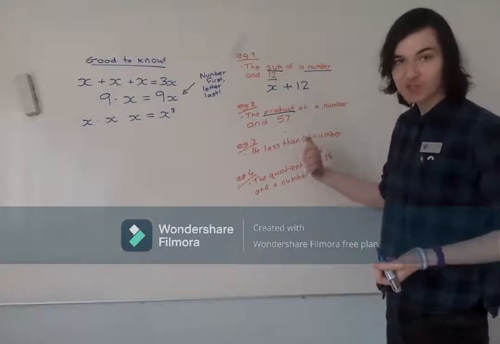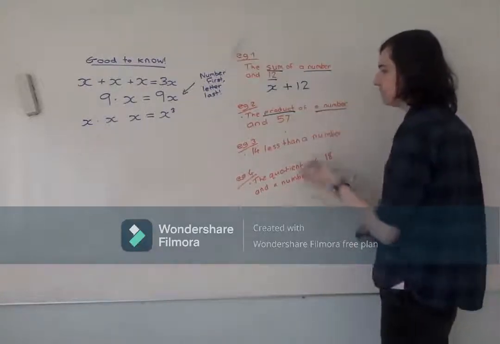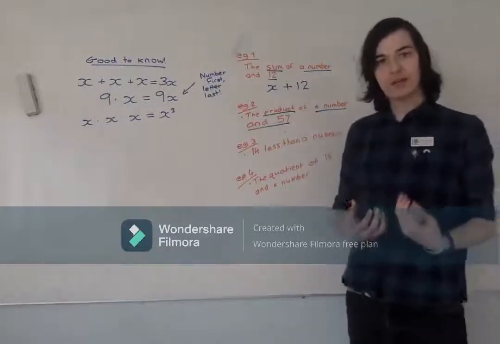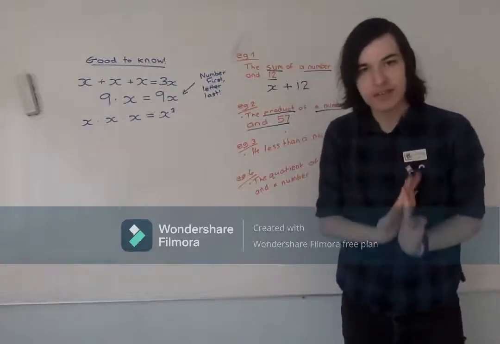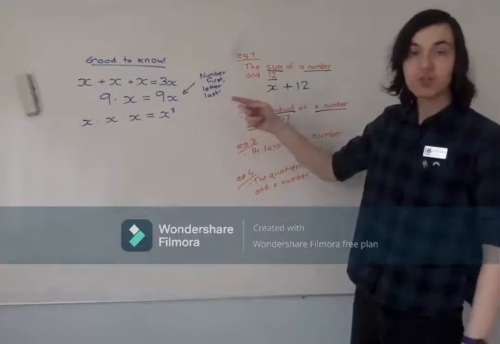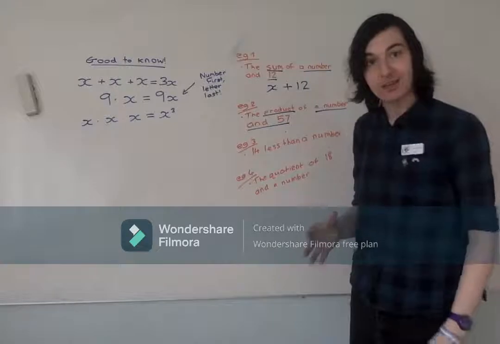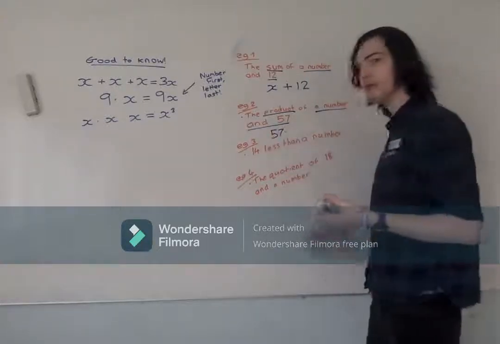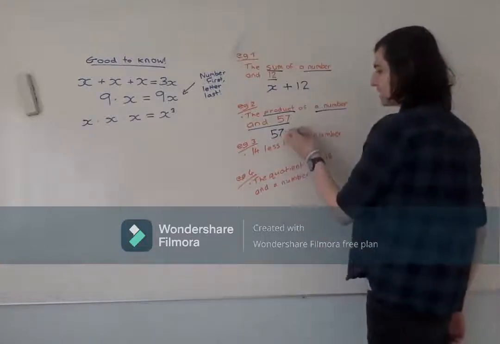I'm just going to show it using a dot. So we are multiplying a number together and 57. So we're going to have a number, x, and we've also got 57. We're multiplying these together. This is where one of our good to know rules comes in. Number first, letter last. So let's start with the actual number we are given. That's 57. And then we're going to finish with our letter, otherwise known as our variable. So that's going to be x.